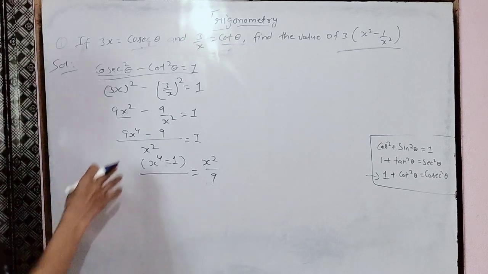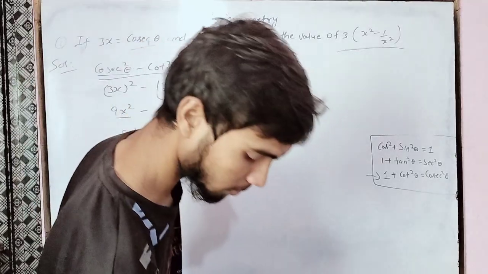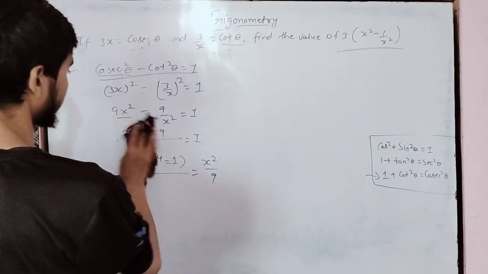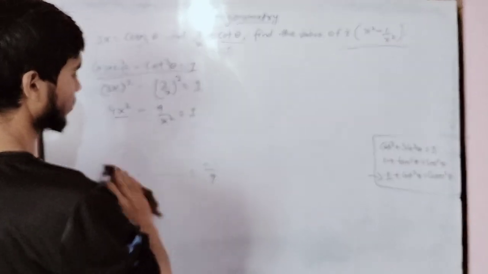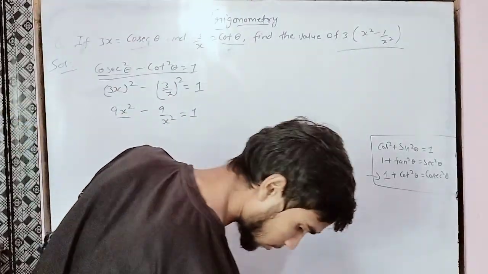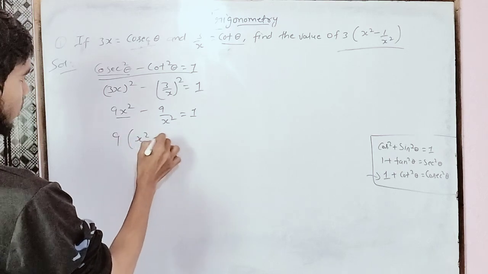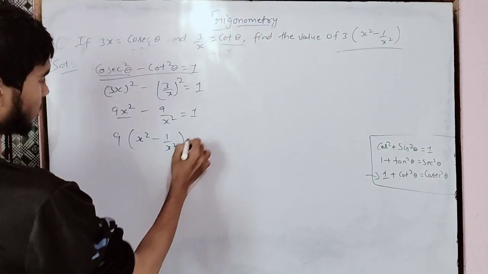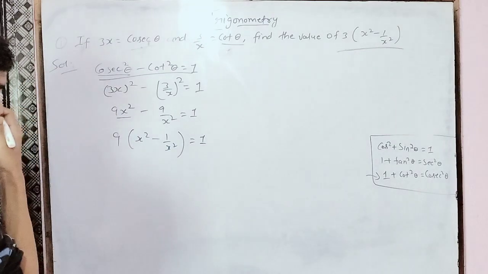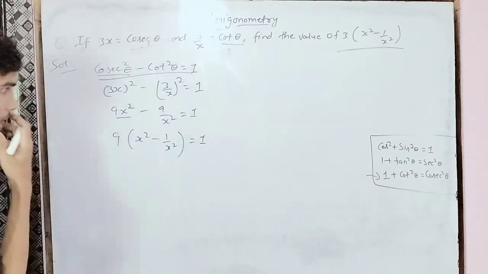Here we can take a common 9. Here x square minus 1 upon x square is equal to 1. Clear?